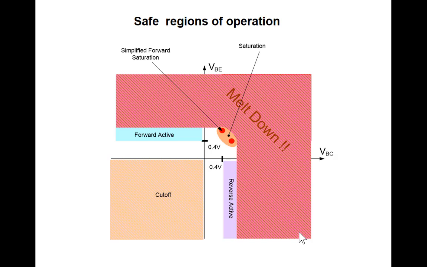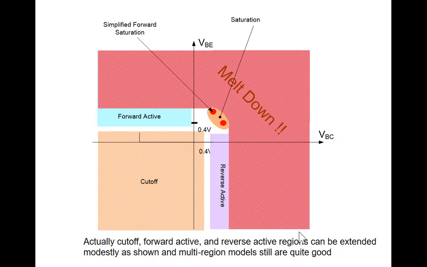That's that red dot. The other red dot is where we would model it in saturation if you were in the reverse mode instead of the forward mode. Now, the models that we have can actually be extended to narrow this region down quite a bit.